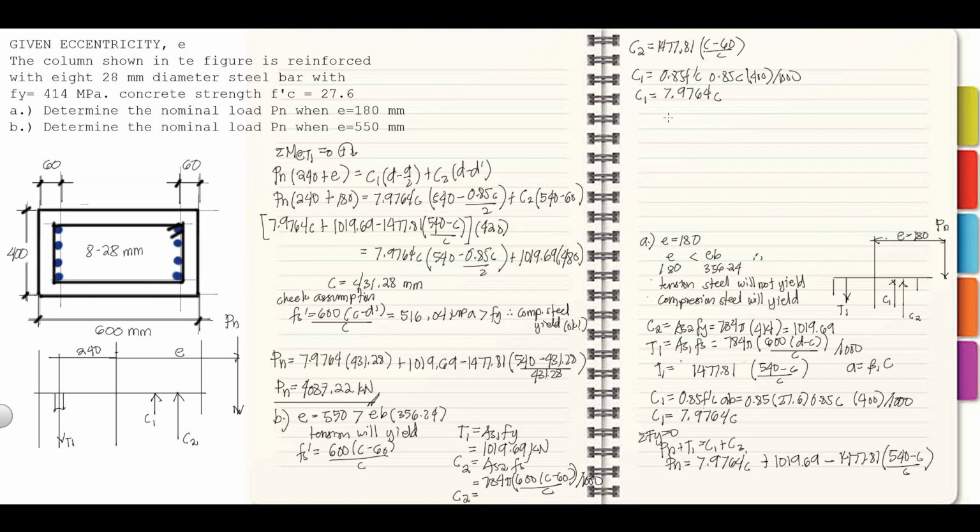Alright? So, for our Pn natin, the same lang yung ginawa natin dito. So, it will have 7.9764 C, okay, plus C2. Ang C2 natin is 1477.81 quantity C minus 60 all over C minus, okay, our T1. Ang T1 natin is 1019.69.